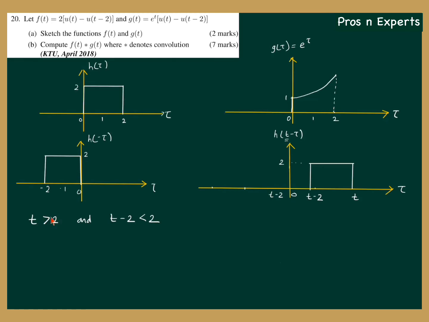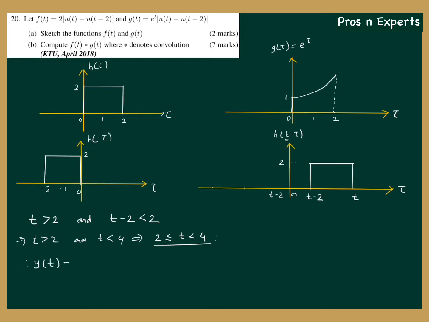The trailing edge is inside g of tau, and that can be written as t greater than 2 and t less than 4, or 2 less than or equal to t less than 4. This is the new condition in which we are going to develop our output.